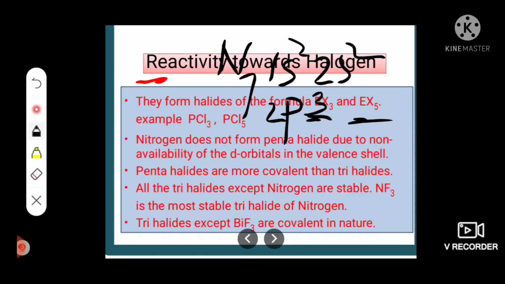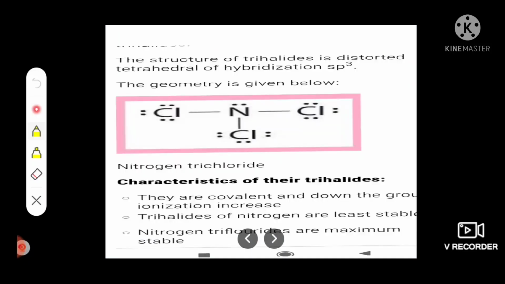Trihalides are covalent compounds except in the case of BiF3. The structure of trihalides is distorted tetrahedral with sp3 hybridization.